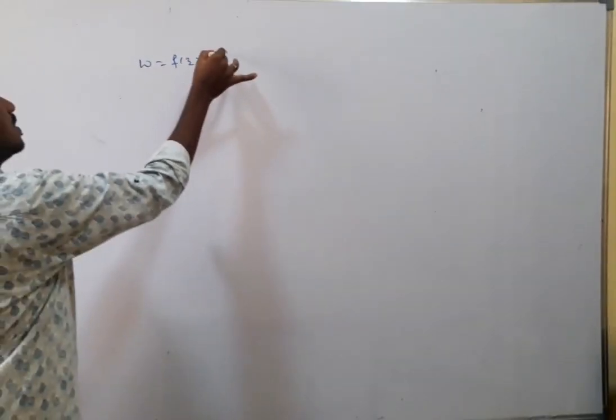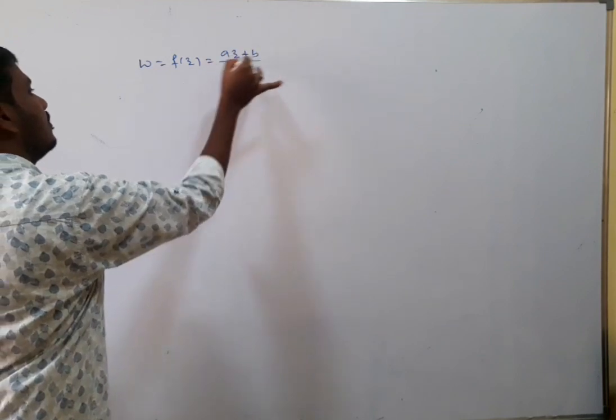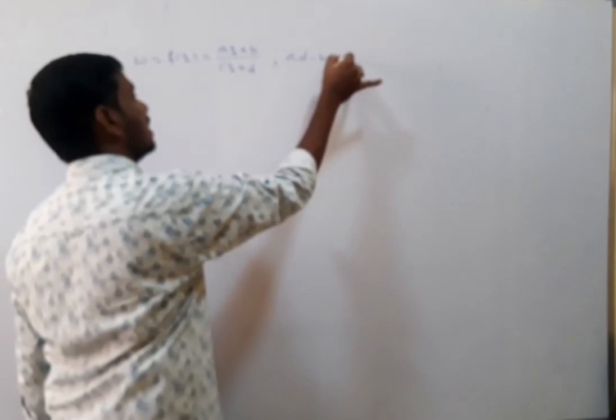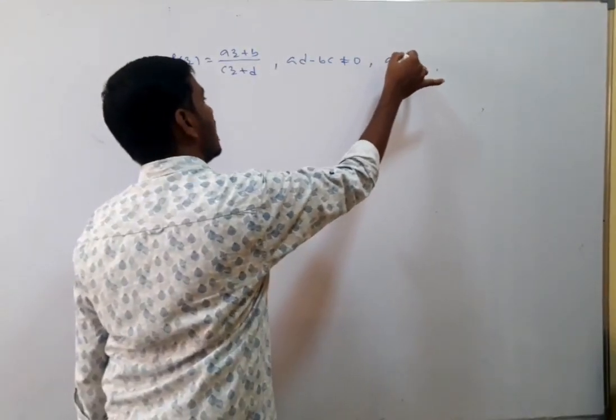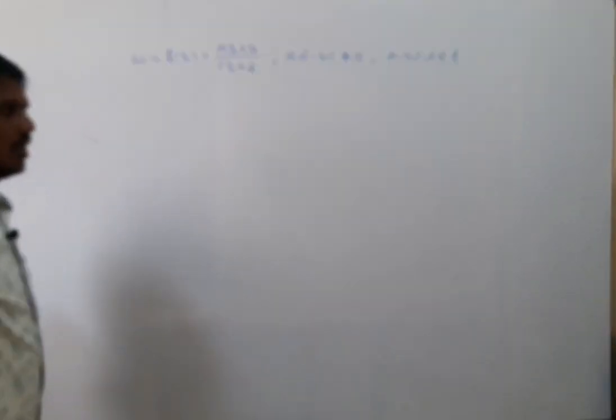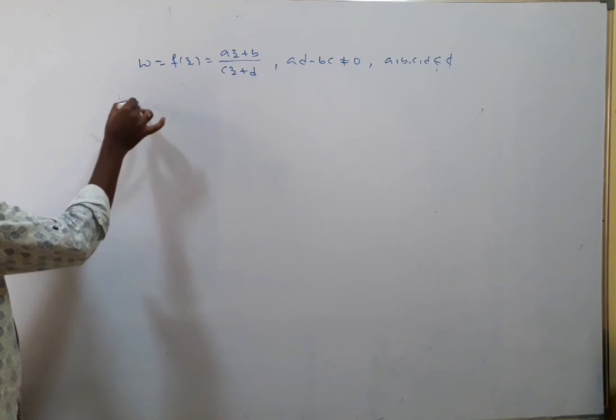Since w equals f of z equals az plus b divided by cz plus d, where ad minus bc is not equal to 0 and a, b, c, d belong to the complex numbers, this is the bilinear transformation. For particular choices of a, b, c, d, I am writing some transformations, which we discussed in the previous class.